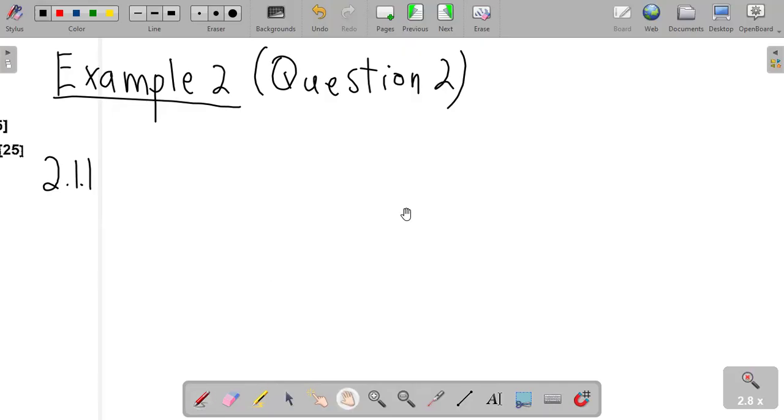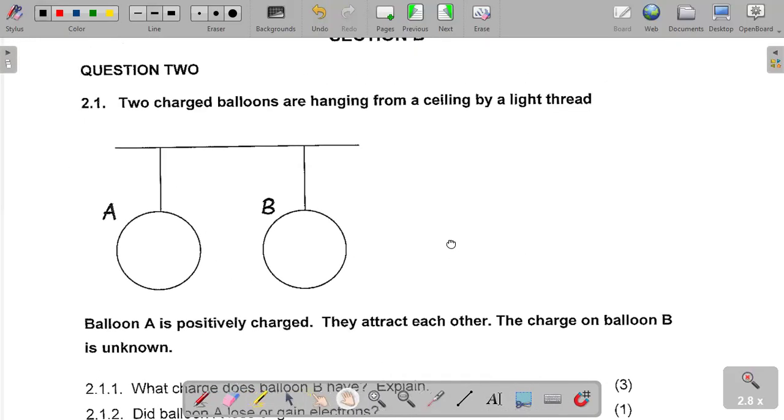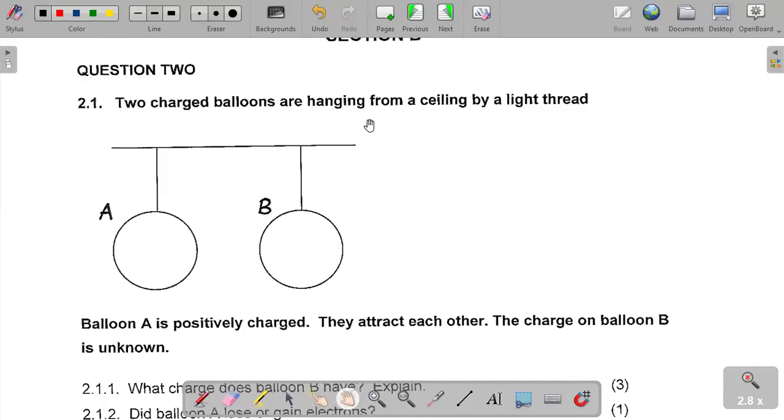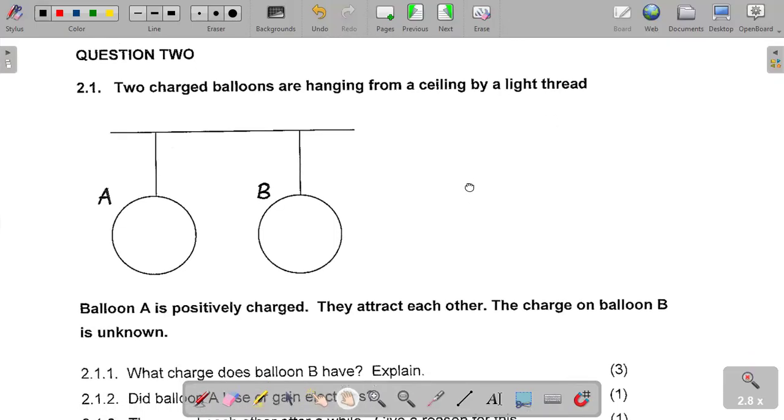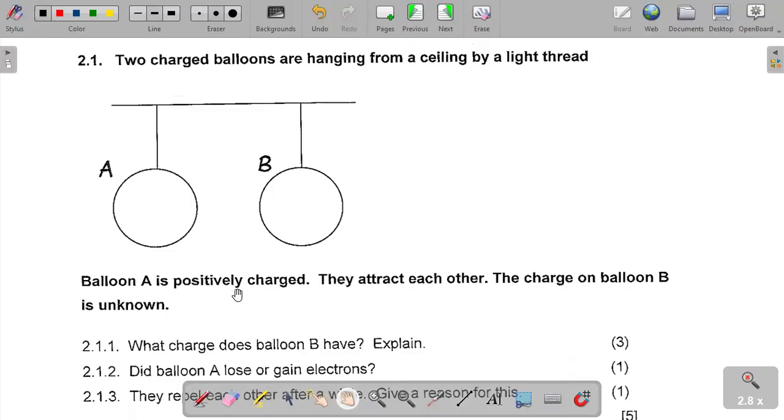What does it say? Two charged balloons are hanging from a ceiling by a light thread. Balloon A is positively charged, and they attract each other. The charge on balloon B is unknown. Question 2.1.1: what charge does balloon B have? Then they say, explain.